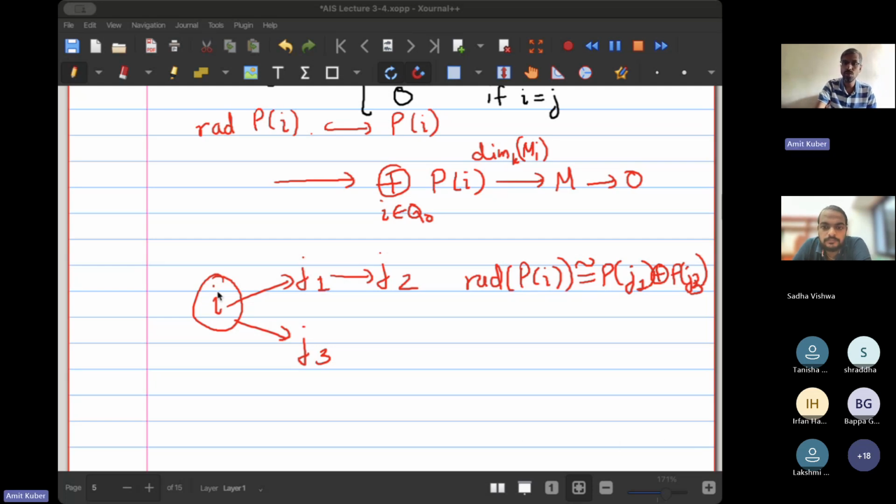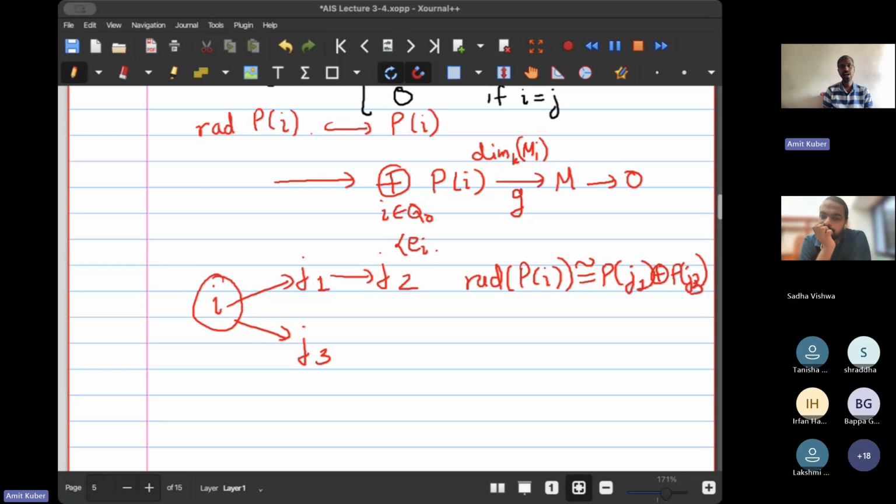So the same thing we have to do in this case. First of all, we have to understand what this map is, what this map G is, let's say. So dimension mi many copies of Pi. Well, all those copies have one generator, namely I. So we are going to send ei, the lazy path at I, the collection of all the lazy paths, ei1, ei2, and so on up to ei dimension mi, which I'm writing as di.